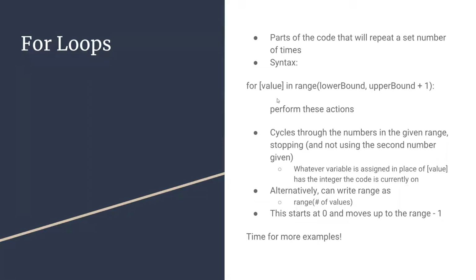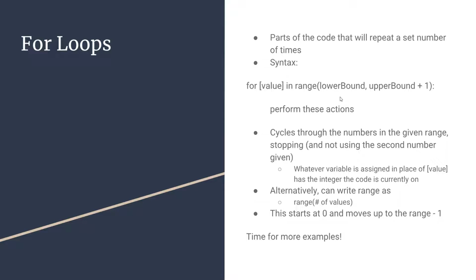And the key part of for loops is that you're doing this for a set number of times rather than with a while loop where you could go on essentially infinitely. So for this value, the key here is that we give it a variable, and that variable is going to store whatever part of this range we're on. So we said before that we're going from 0 to 11.